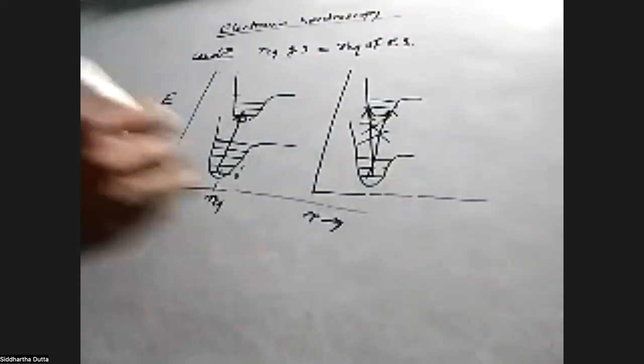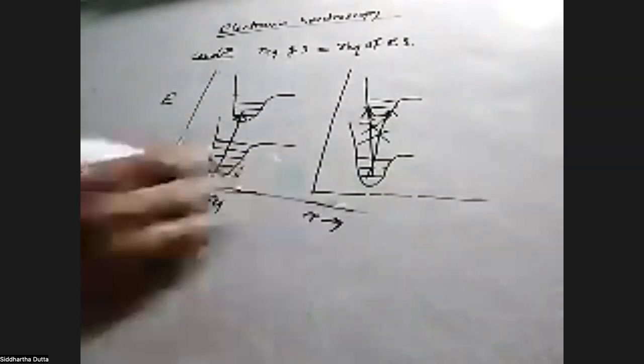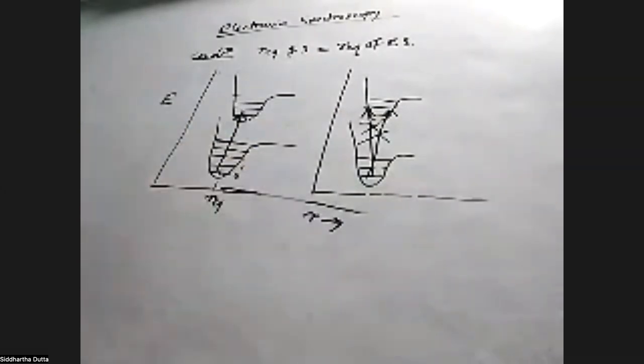The only transition that happens is from the ground state to the excited state. This is the Franck-Condon principle.